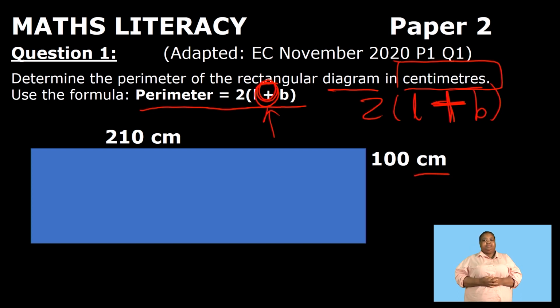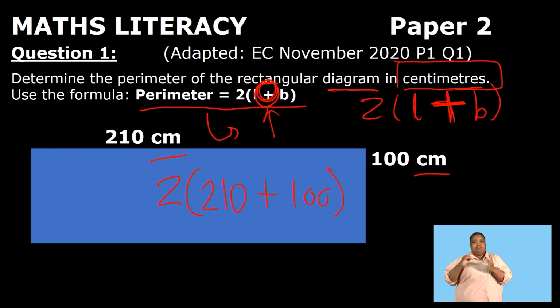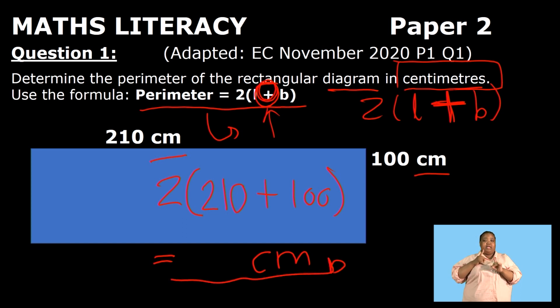So if our unit was something else, we had to convert first. Then the only thing we do is we substitute 2 times 210 plus 100. You punch it into your calculator, you get your answer, and please remember to show the unit, and that's going to be centimeters as your answer. Remember, today we won't do the questions, we will simply look at how to do it.